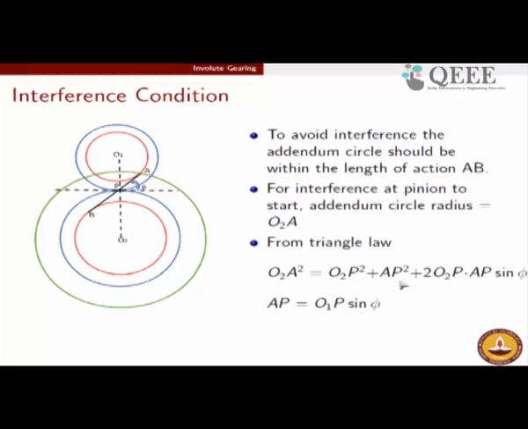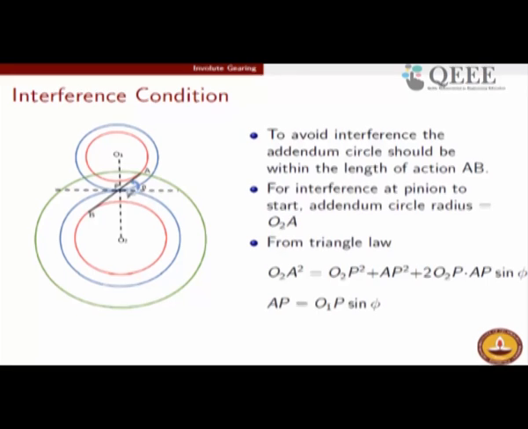The angle embedded happens to be pi by 2 plus phi. The cosine of pi by 2 plus phi is actually sine of phi with a negative sign. So using that simplification, you actually get a plus sine phi here. I have omitted a step in between and just given you the final result. The final result is this, and again, this is AP.